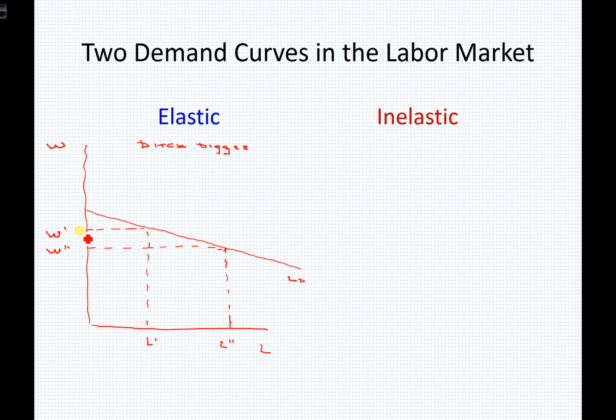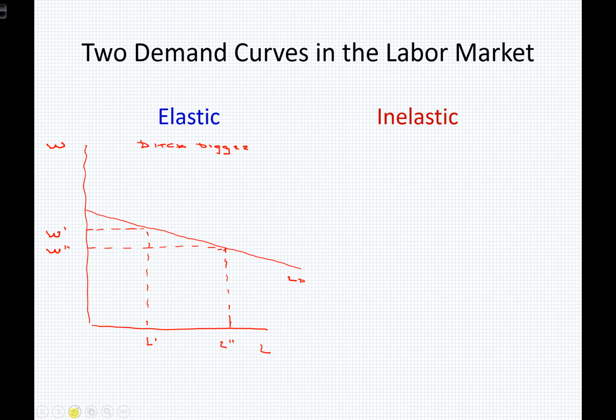We see that a relatively small change in wage yielded a relatively large change in labor, and that's because this is a very elastic product in the labor market. Almost anyone can dig a ditch. It's highly substitutable. It takes very low real skills to do so.